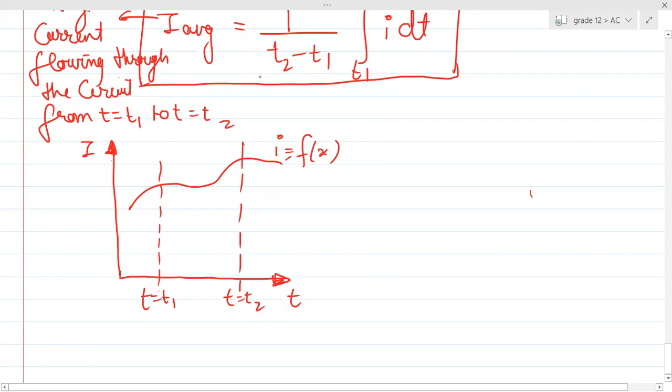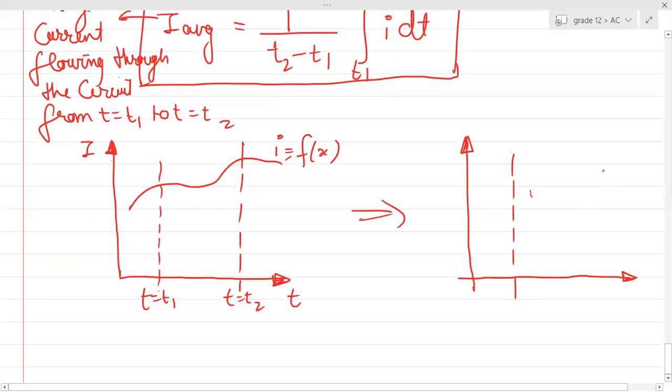So by using this concept, you will basically convert this graph, for T equals T1 to T equals T2 only, into this. Here the current was changing from some value to some value.